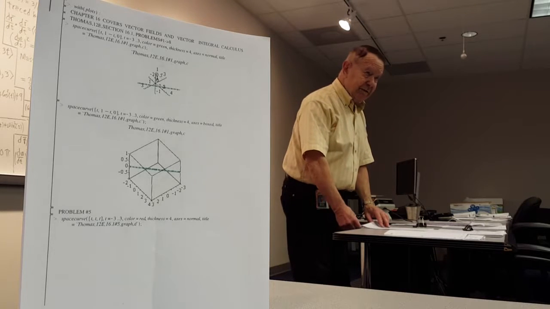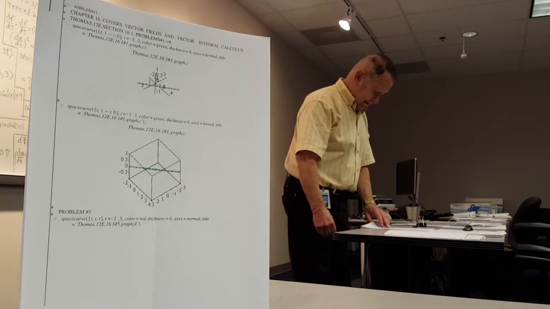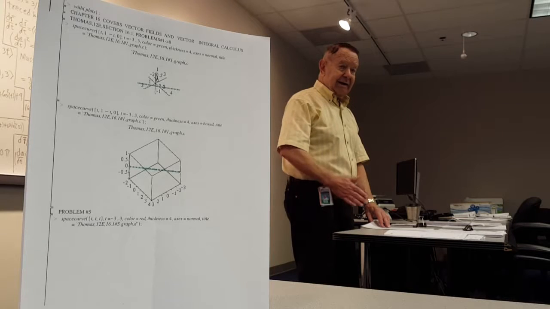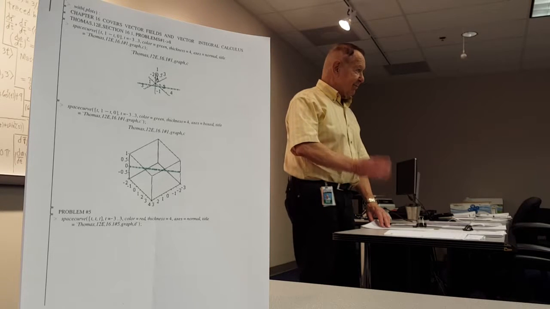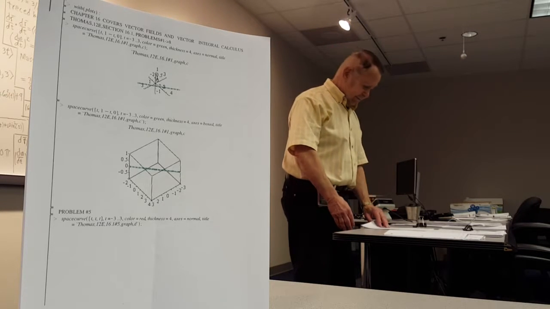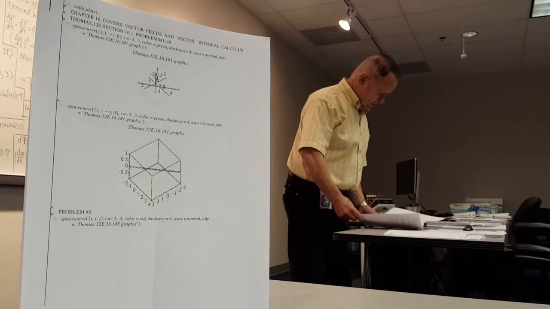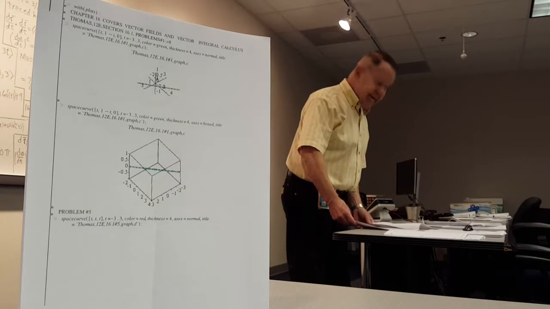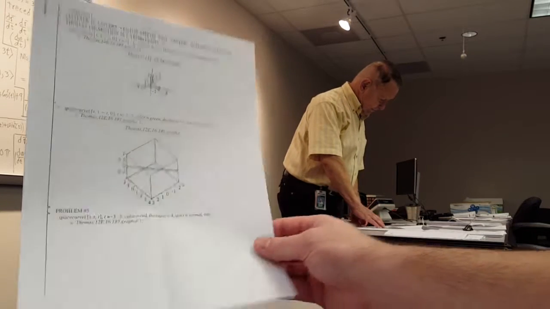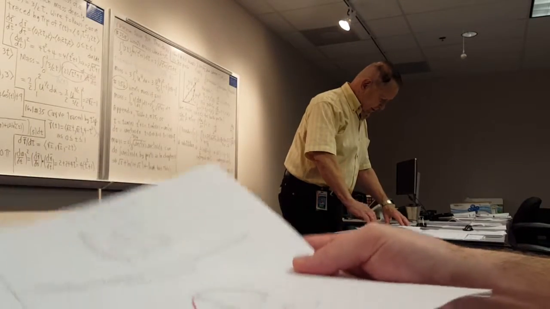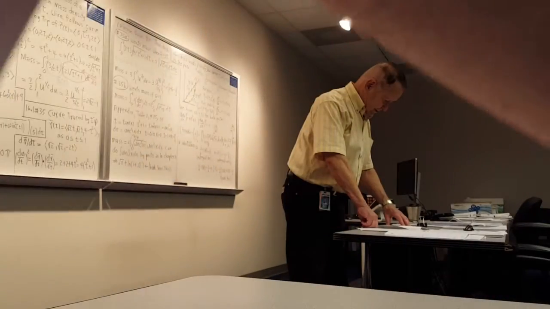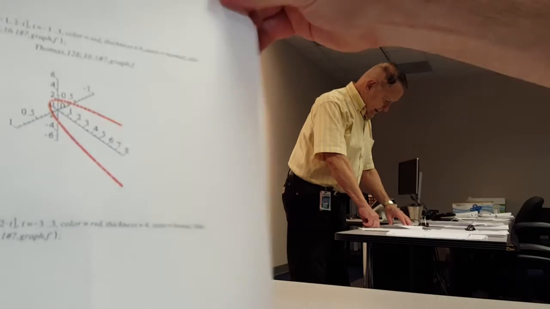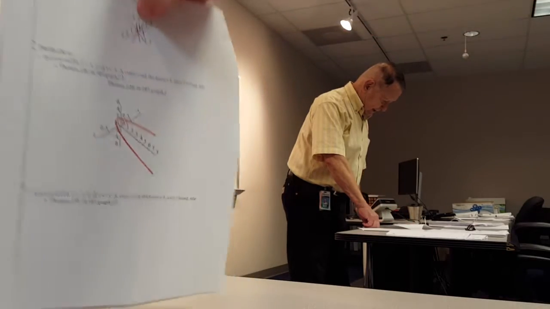And then with problem 5, you're still talking about a line. x is t, y is t, z is t. And if you turn the page, you see the slanted line. And then problem 7 is actually a parabola, and you see how that looks.